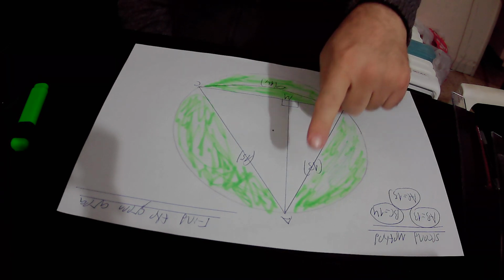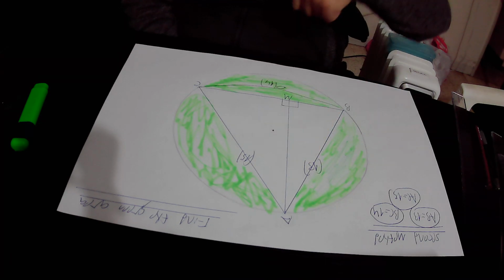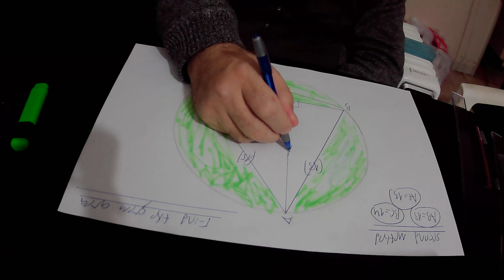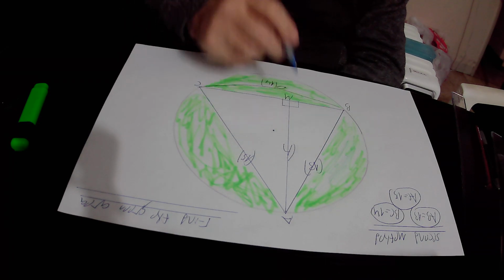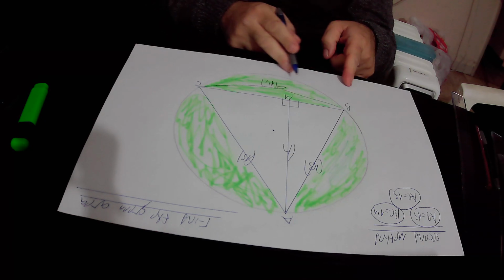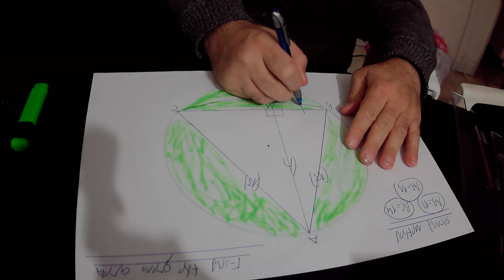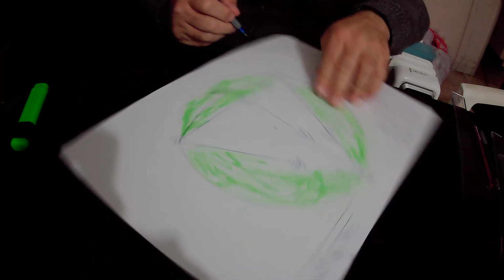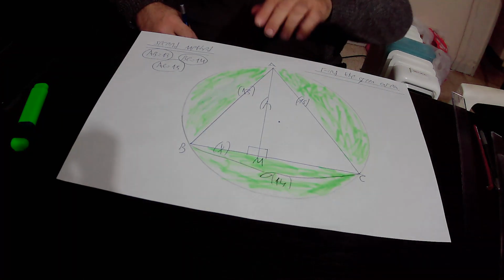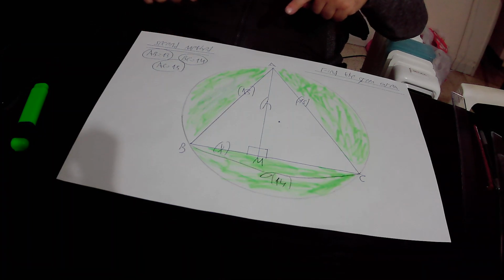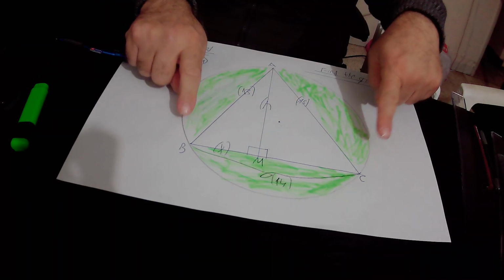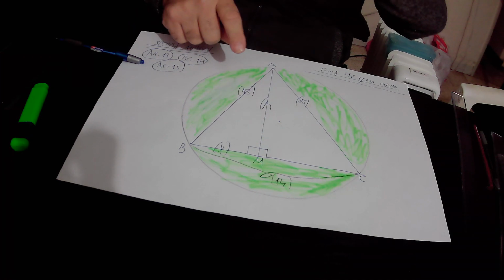We will define the length of side AM as H. We will define the length of side BM as X. It is given in the question that side BC of triangle ABC equals 14 units.